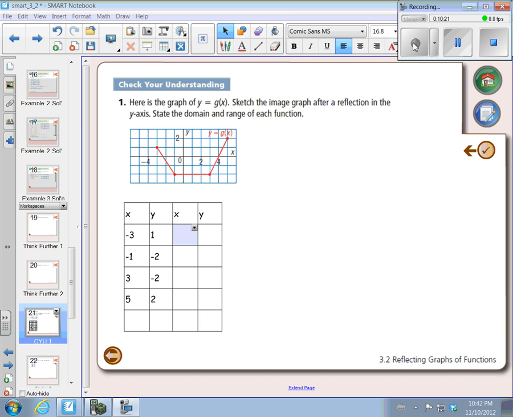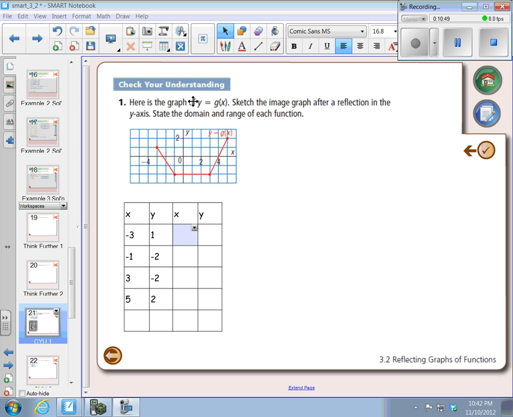All right, let's look at check for understanding number 1. I want you all to use a table of values, just like I did on a couple of examples last day, to map the new points. You'll notice on my table I have picked all the bending points and end points: -3, 1; -1, -2; 3, -2; and 5, 2.